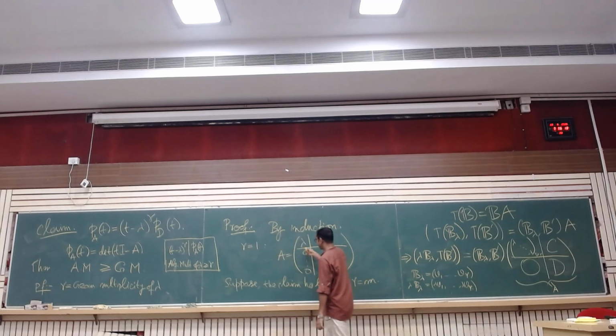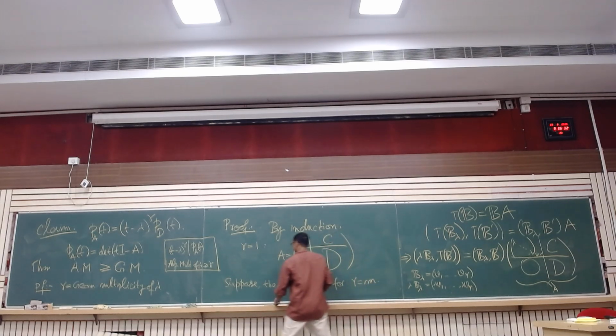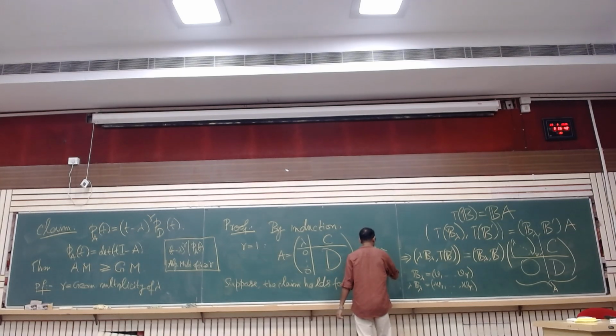Then the characteristic polynomial of A would be the determinant of tI minus A. The first thing would be T minus lambda, and then you have the characteristic polynomial of this one. So it's trivially true. That would imply PA(T) is indeed equal to T minus lambda times PD(T).